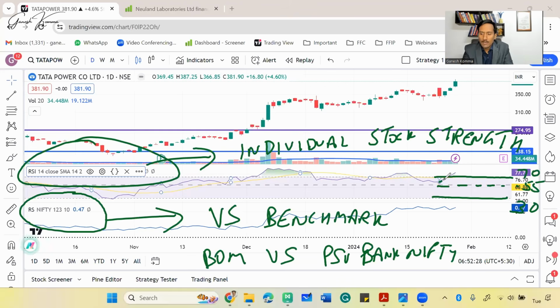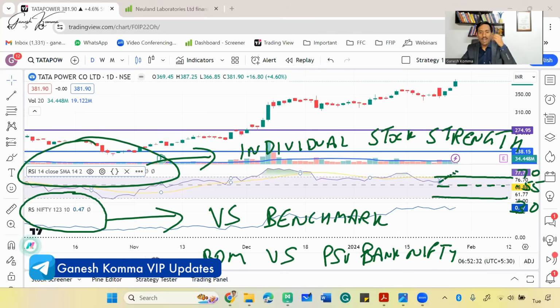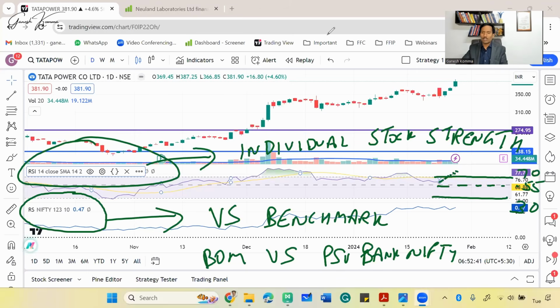As long as it is picking up strength, RSI wise it is picking up strength individually. The stock is coming stronger. So I hope everyone understood the difference between them.